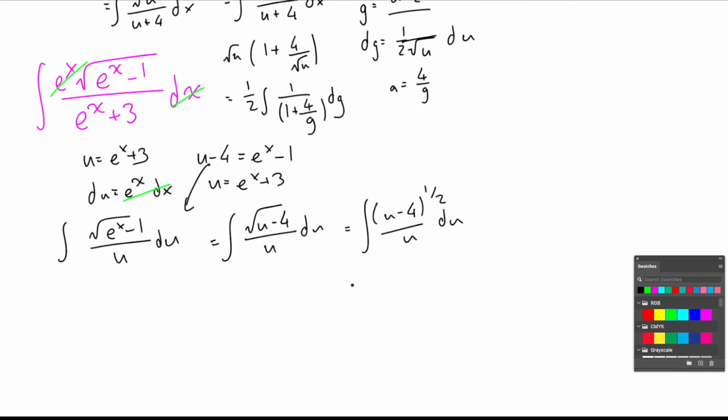What could this be? If g were to equal u minus 4, that means dg would equal... No. Is there a way to separate this? How do we separate this?